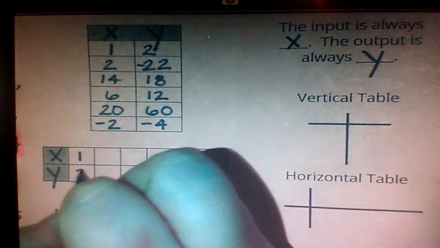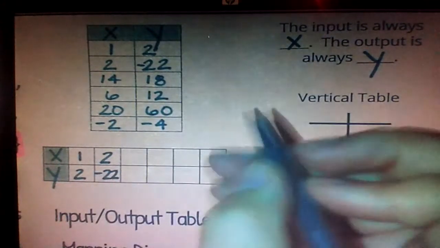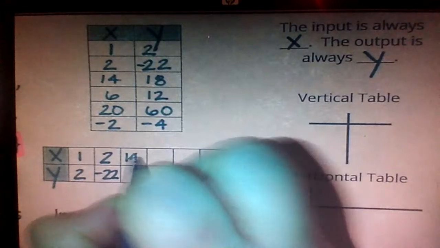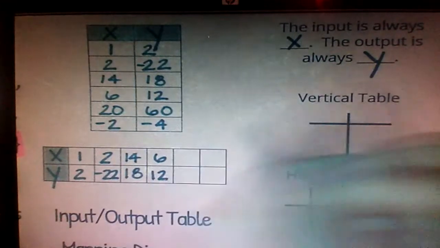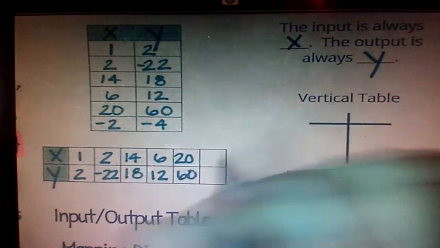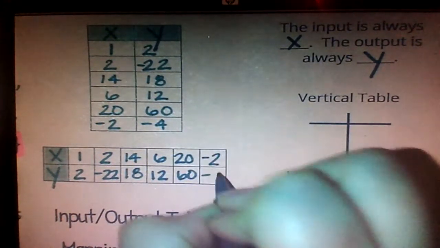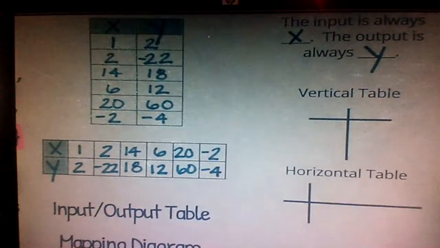So 1, 2, 2, and negative 22. 14 and 18, 6 and 12, 20 and 60, and negative 2 and negative 4. Okay. So I still use the same numbers that you all came up with on your own. You can see what it looks like written on a table.